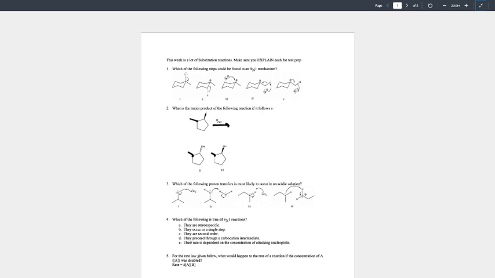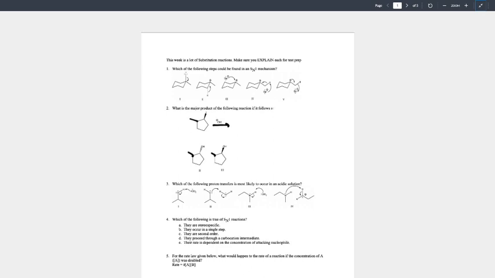We look at the position where our iodine is connected. We look at that carbon. We say how many carbons are connected to it. 2. We have a secondary substrate. Is the secondary substrate favored in either one of our mechanisms? No. So the substrate was utterly useless.